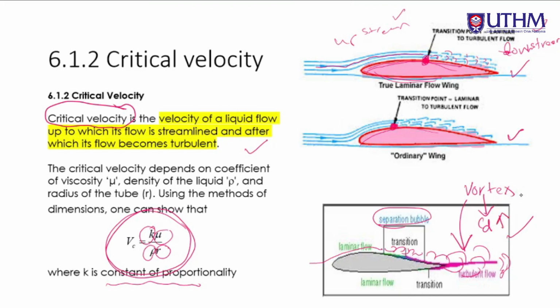Okay, yang ni yang kita nak reduce. Kalau in vehicle lah, in vehicle performance, we would like to reduce this part in order to increase the performance of a vehicle. Itu sebagai contoh lah. Okay, so this is what we tell about this critical velocity.